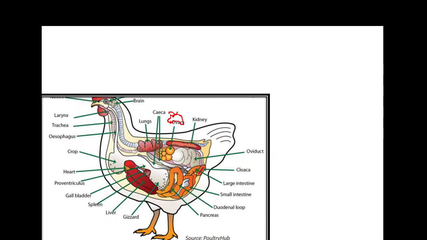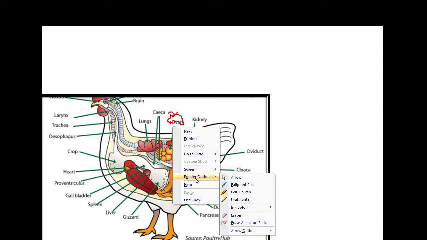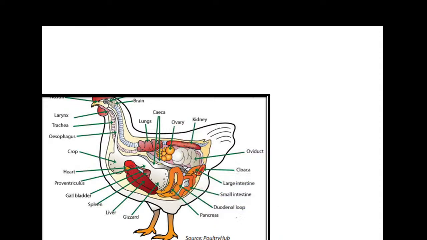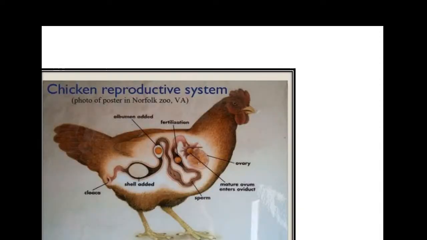This is actually the egg, the small eggs which are about to develop. So this is the ovary, then the ovary leads into the oviduct, and the oviduct opens out through the cloaca. I just showed this picture to know where the development of ovum takes place in the body of a hen.